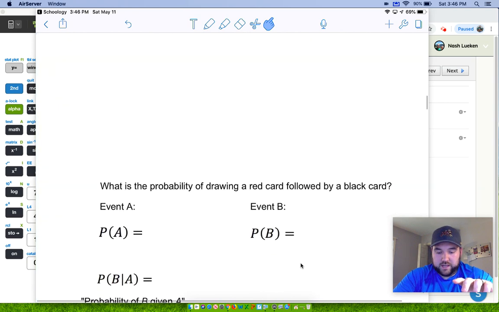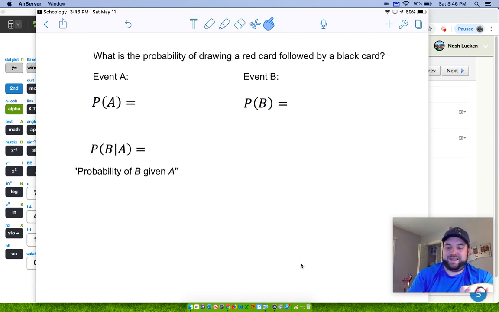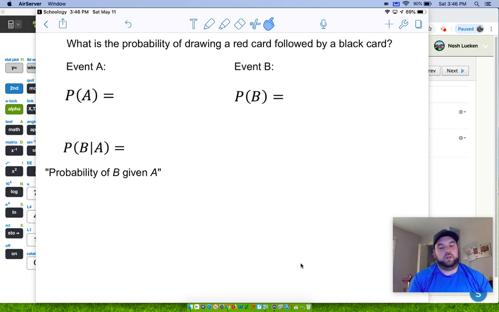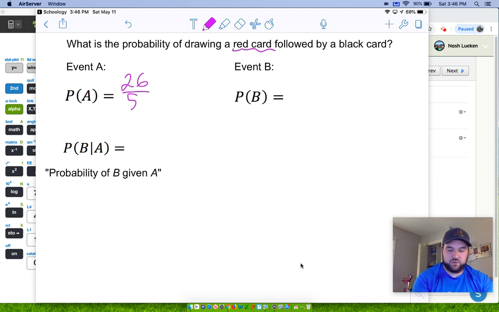So to look at that, let's look at that second warm-up example. What is the probability of drawing a red card followed by a black card? If we just think about the probability of drawing a red card, that's 26 out of 52, or 1/2.